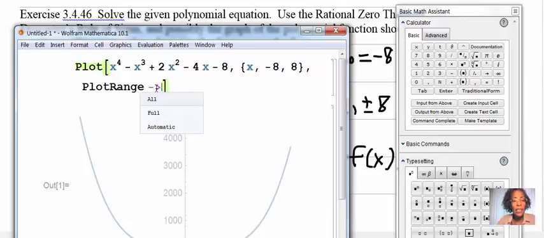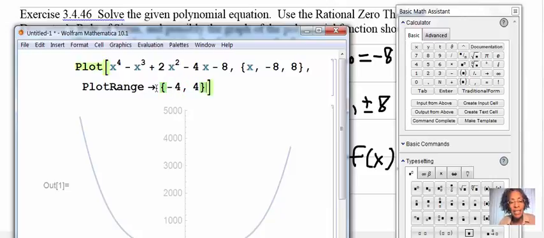When I type in something else, that turns this into an arrow. So I need to use a brace, and I'm going to tell it to go from -4 to 4 with the y values.